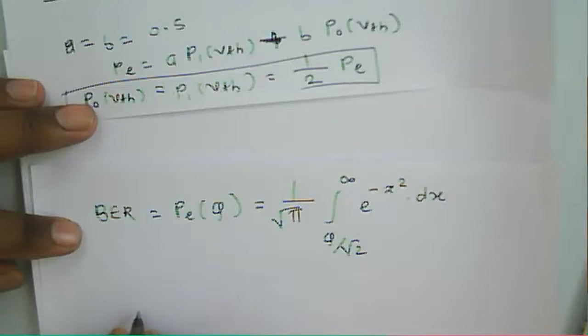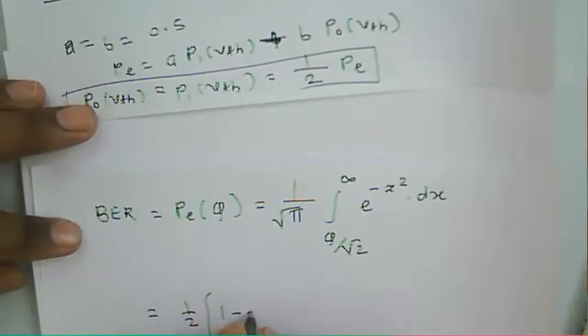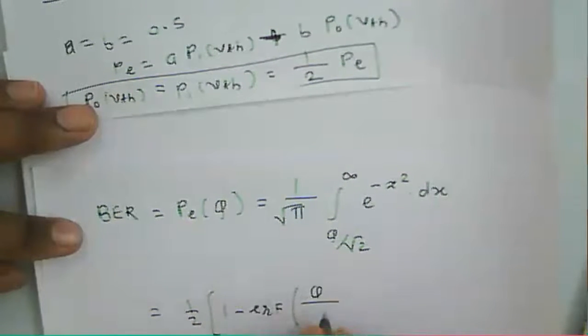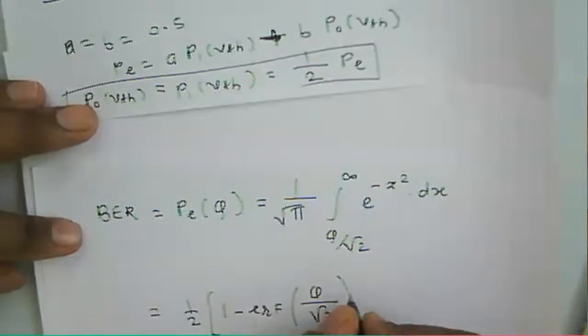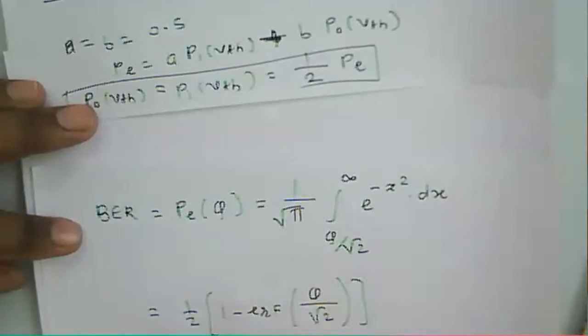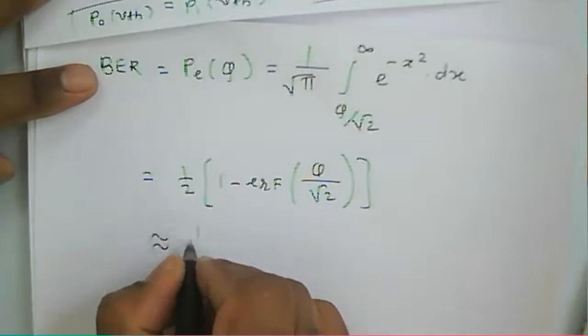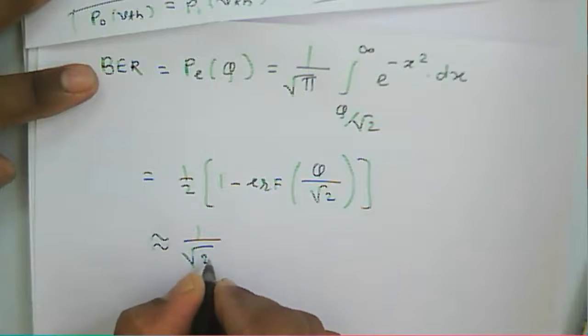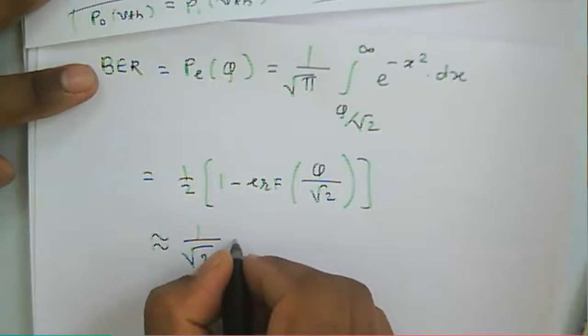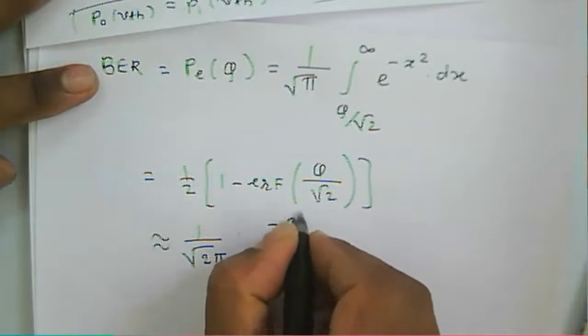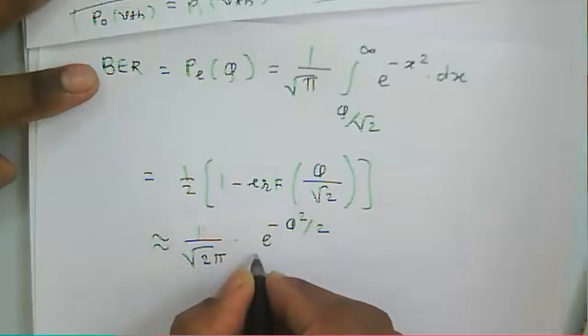We can simplify again to 1 by 2 times 1 minus ERF, the error function, of Q by root 2, which is approximately equal to 1 by Q root 2 pi into e raised to minus Q square by 2.